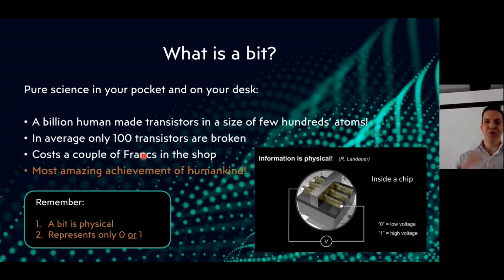Going to the moon and back, I think that's fine. Of course you need to do a lot, but you need to pack 1 billion transistors into something even smaller than I can show. And yeah, I think that's really impressive. And you can buy it for some francs in the shop. In your smartphone, you have it every day in your pocket or on your desk. So to be fair to the classical computers, they are insane already.